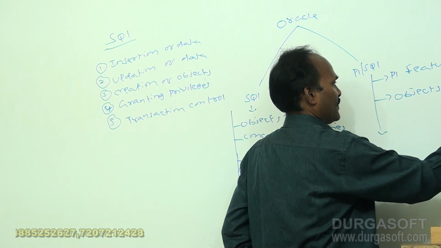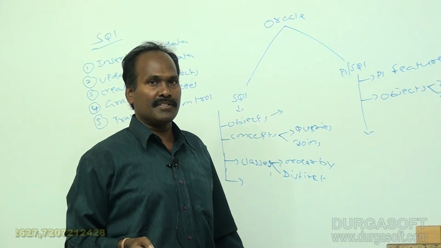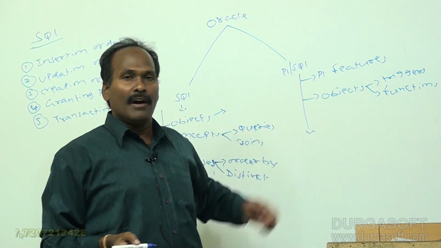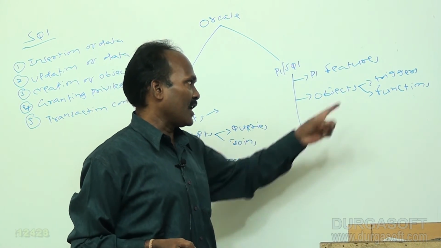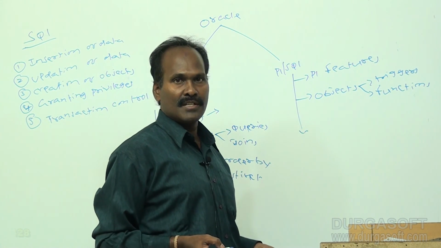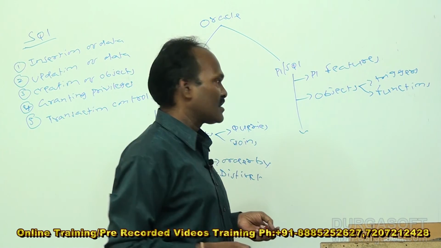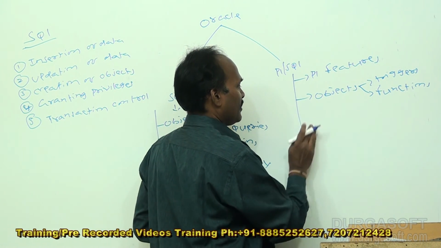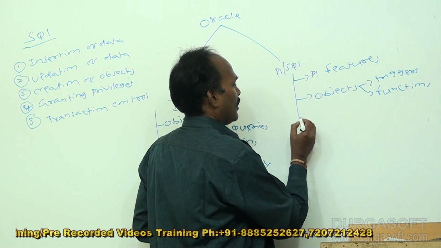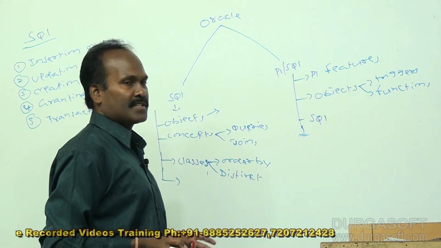All the triggers and functions are created by users. That is why PL/SQL offers only user defined objects. Under user defined objects we have triggers, functions, procedures, packages. Under PL/SQL we can also have all SQL features, like making use of built-in objects.